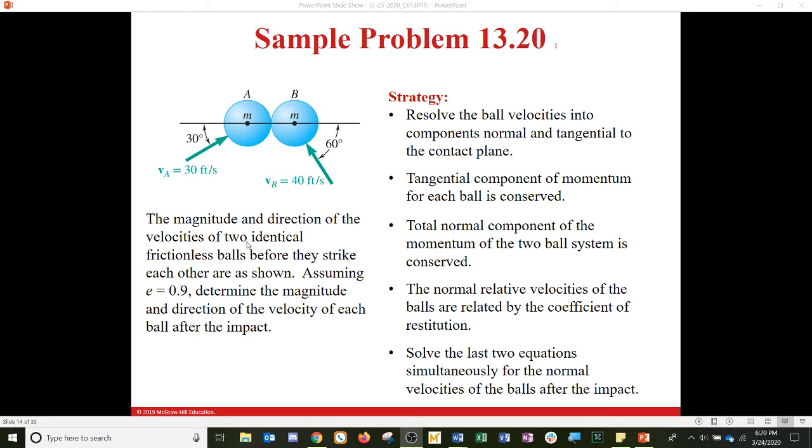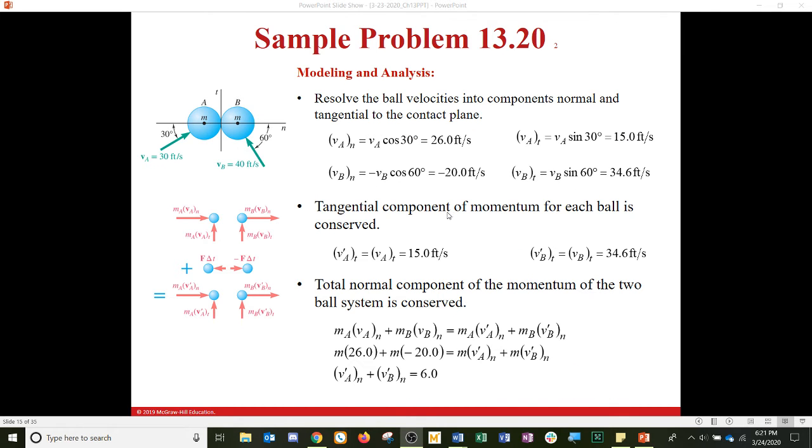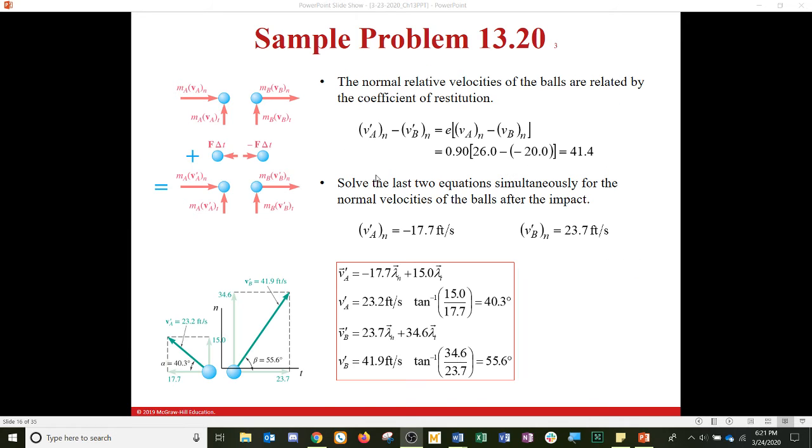We have 2 identical frictionless balls before they strike each other, moving as shown. We have a coefficient of restitution. We have our angles. And this is the same practice. So we use conservation of momentum and coefficient of restitution. You can step through this and see how your answers relate. All of this is provided in the PowerPoint slides.